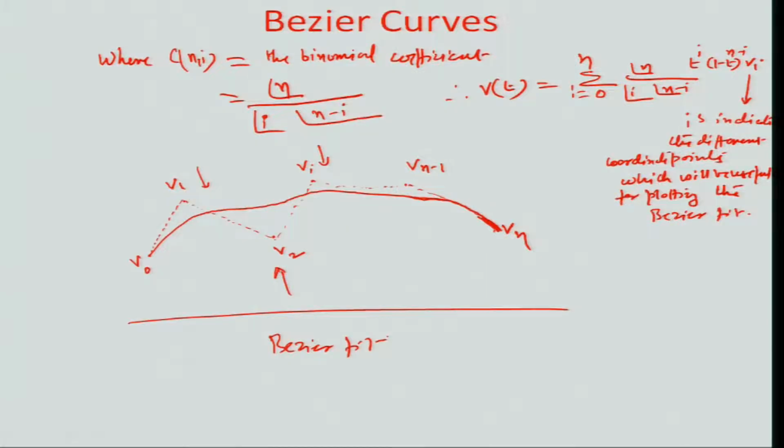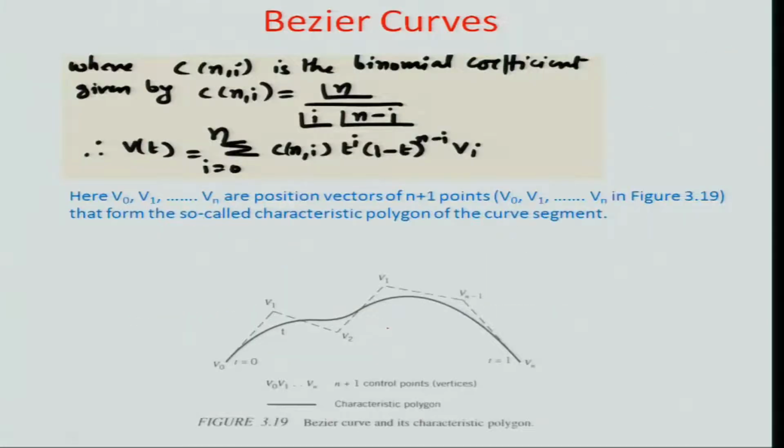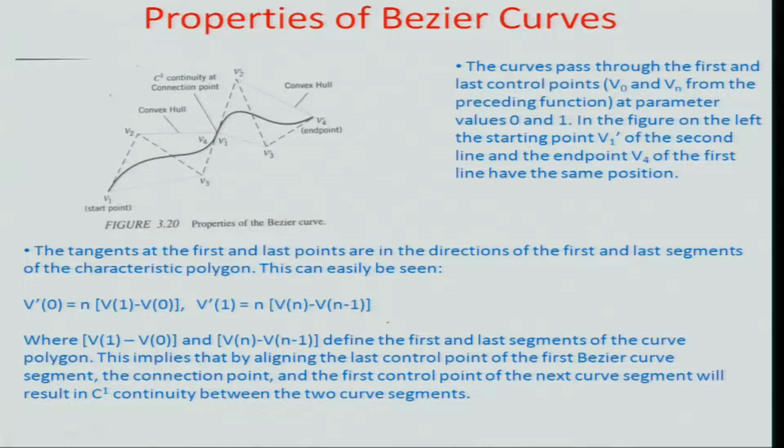Let us work out a property based study of the different aspects associated with this particular fit. Let us first summarize by saying that the curves pass through the first and the last control point.